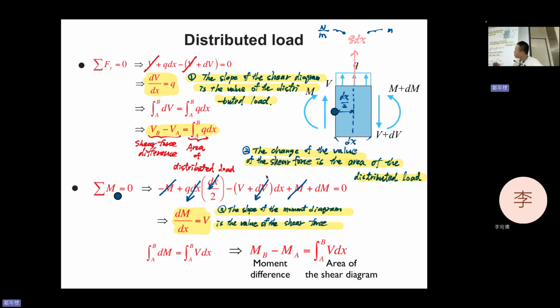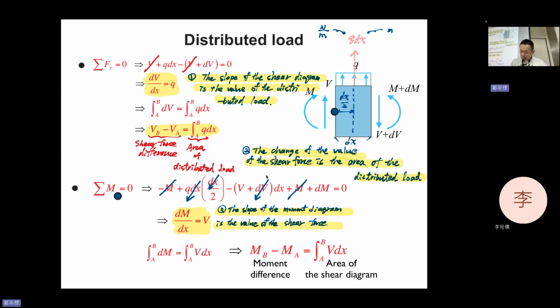The slope of the moment diagram is the value of shear. So V is the value, and it corresponds to that point in the moment diagram, and the value will be its slope.